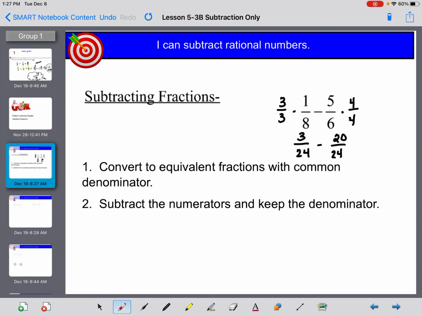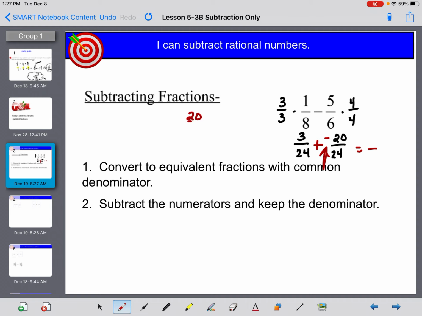Do you see that 3 is smaller than 20? So I need to think about this subtraction problem as adding the opposite. What do you do when you're adding two fractions and the first fraction is positive and the other fraction is negative? Well, you subtract the two numbers, putting the bigger one on top and giving the answer the sign of the fraction with the largest absolute value.